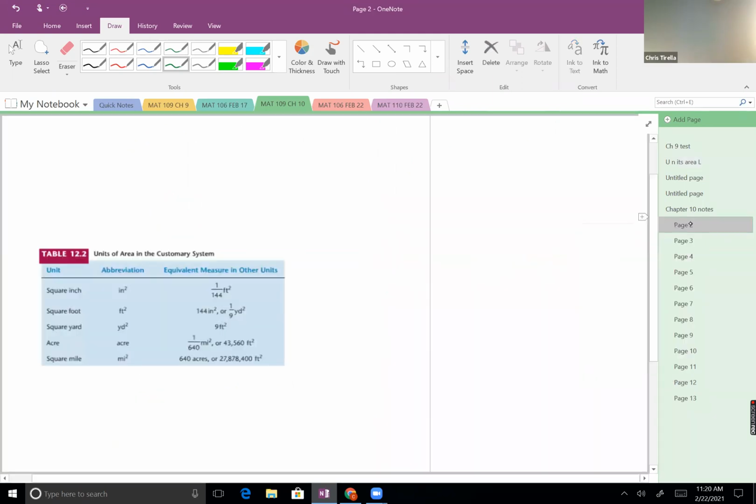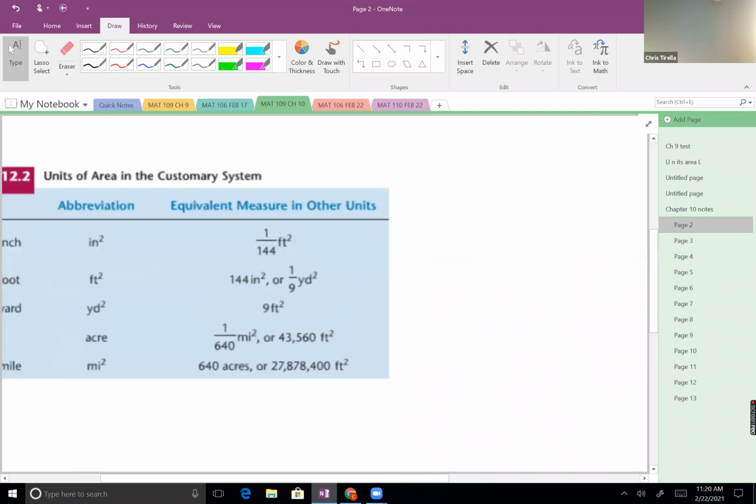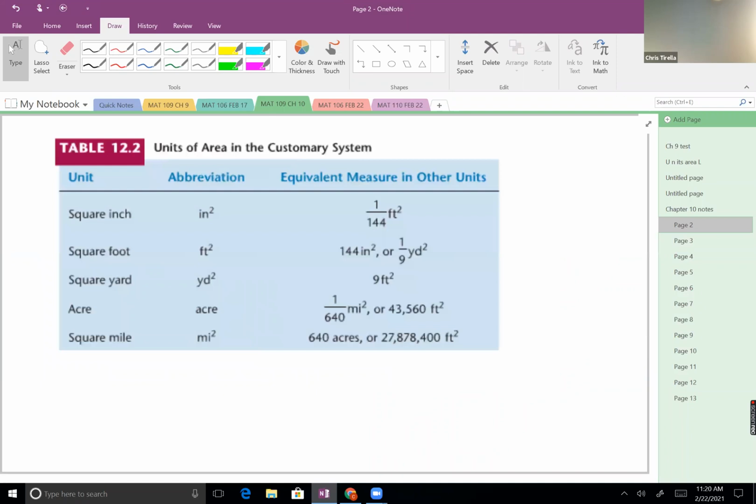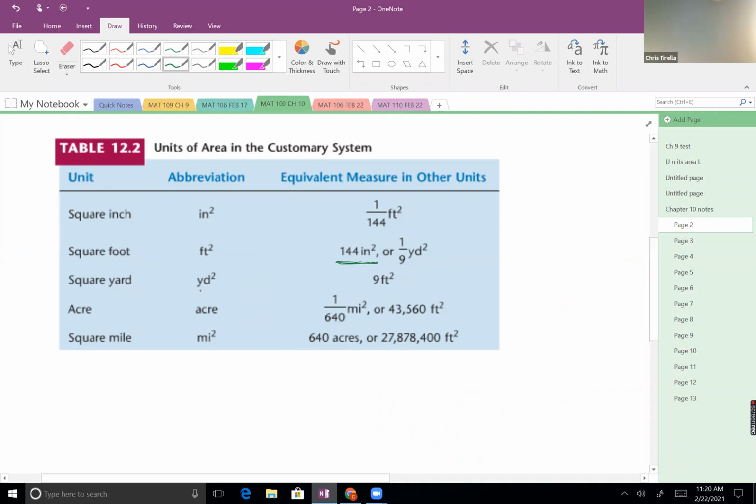So when I get to units of area in the customary system, a square foot is 144 square inches. A square yard is 9 square feet. So for area conversion facts, I have to square the conversion unit for length.